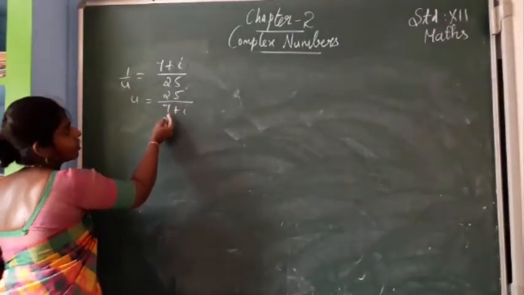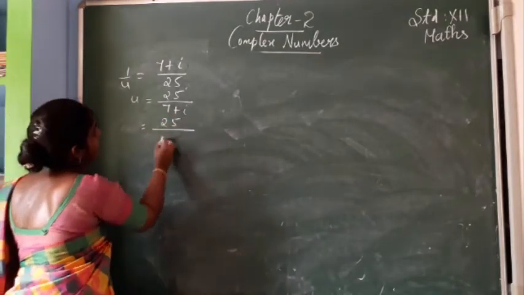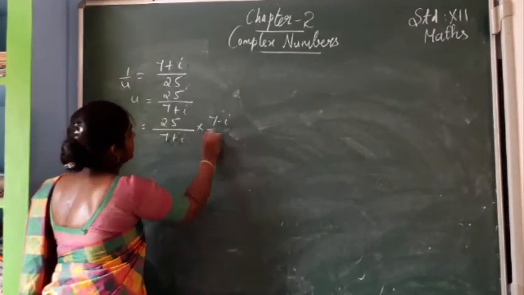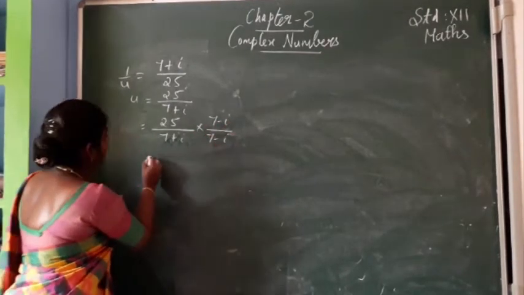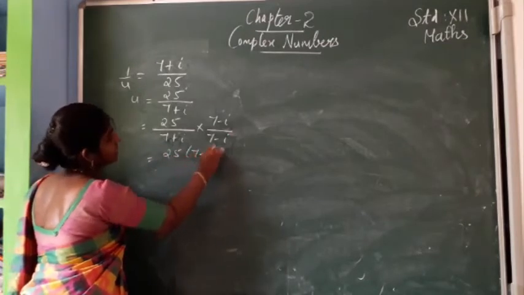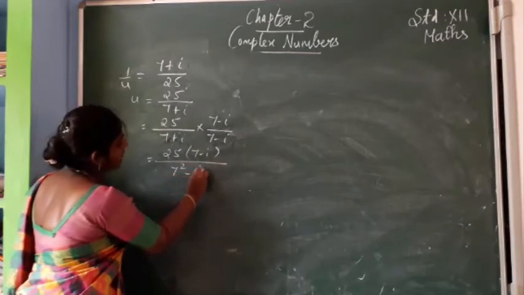So you have to take the conjugate for 7 + i. That's equal to 25 divided by (7 + i) into (7 − i) divided by (7 − i), that's equal to 25 into (7 − i) divided by 7² − i².